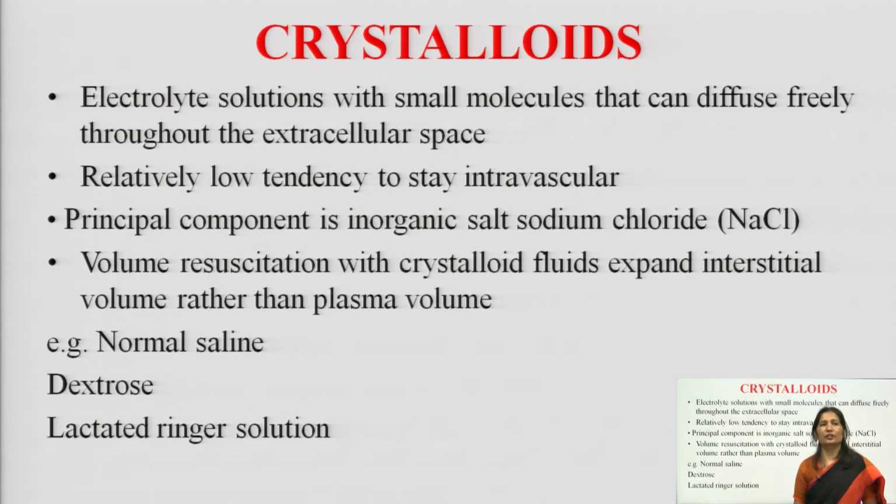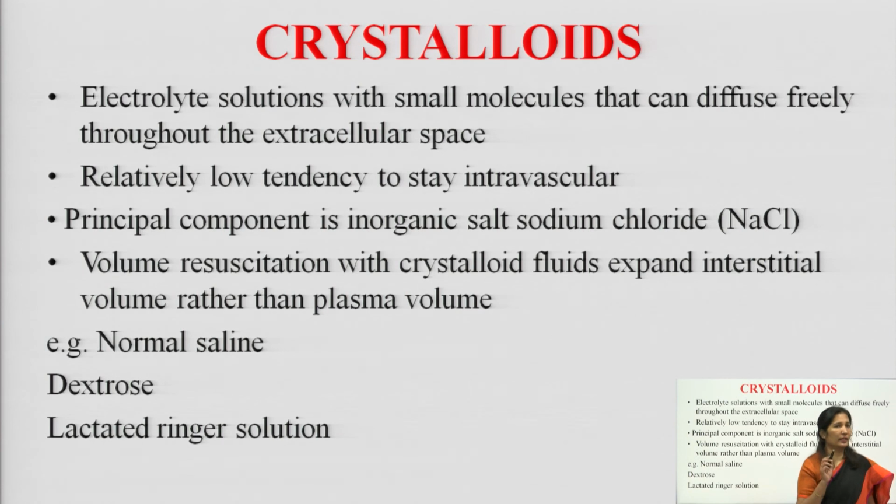Next is crystalloid. Crystalloids are electrolyte solutions with small molecules that can diffuse freely throughout the extracellular space. They have a relatively low tendency to stay intravascular. Colloids stay a longer time in the blood vessel, but crystalloids have a tendency to leak out.